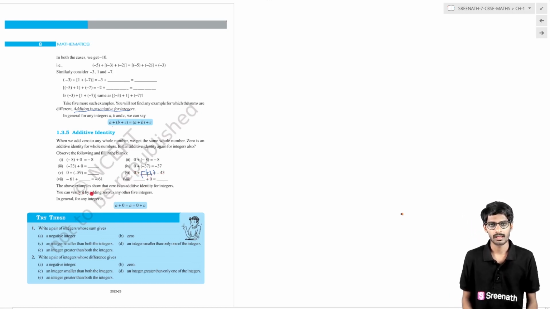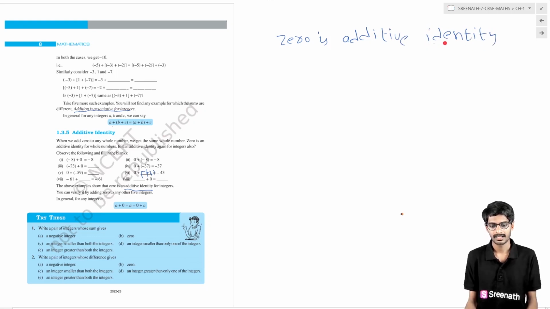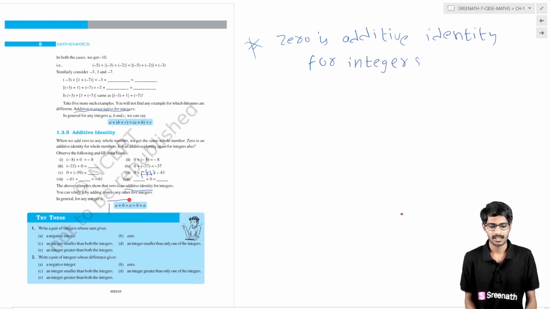So the above example shows that 0 is an additive identity. Additive identity for integers. Why? If we add a plus 0, that is equal to a.